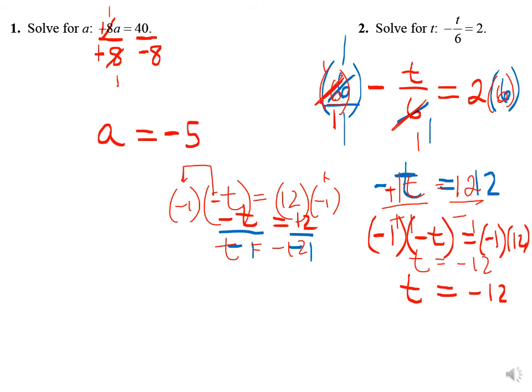Cool? Or, as Mackenzie said, you know that this guy's negative, right? So what we can do is change the sign on one side and change the sign on the other. The way I look at it is, the t and the 6 are both negative in my head.